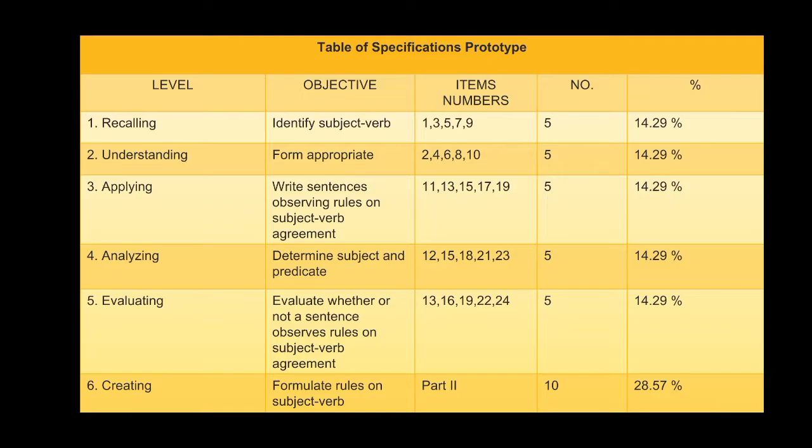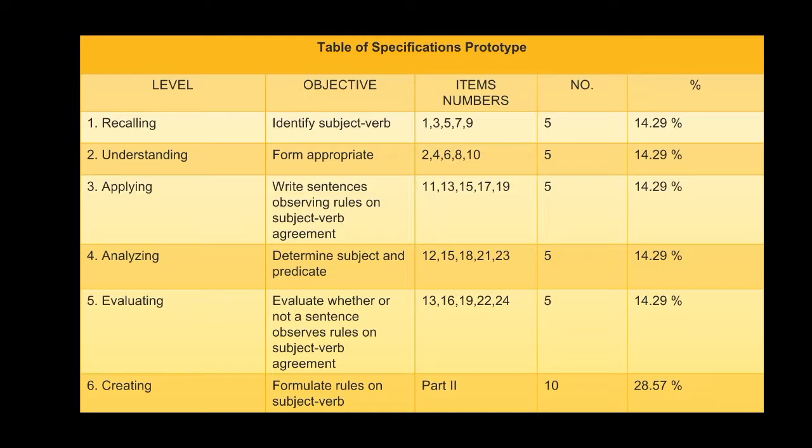The table of specifications guides the teacher in formulating the test. As we can see, the TOS also ensures that each of the objectives in the hierarchy of educational objectives is well represented in the test. As such, the resulting test that will be constructed by the teacher will be more or less comprehensive.